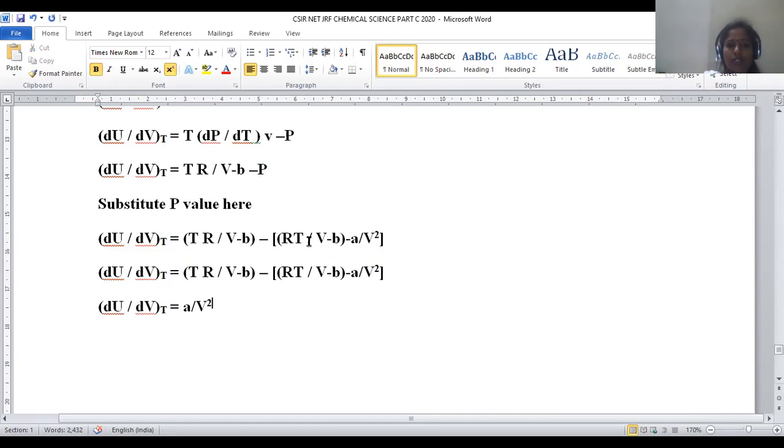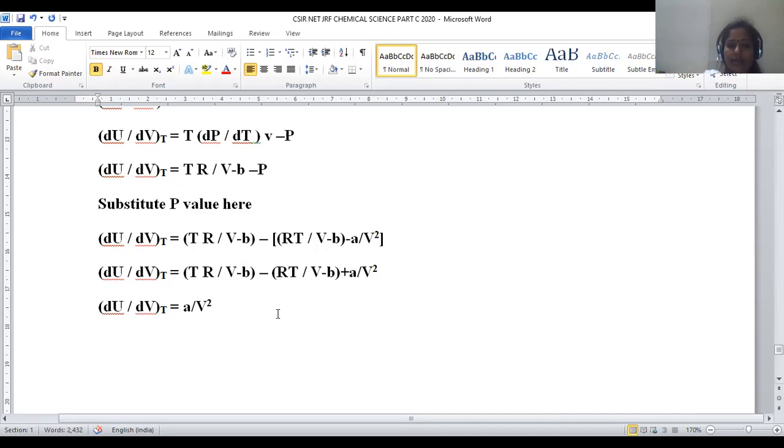So minus into minus becomes plus here. Let us expand this. Here plus TR by V minus B, and we have minus RT by V minus B.